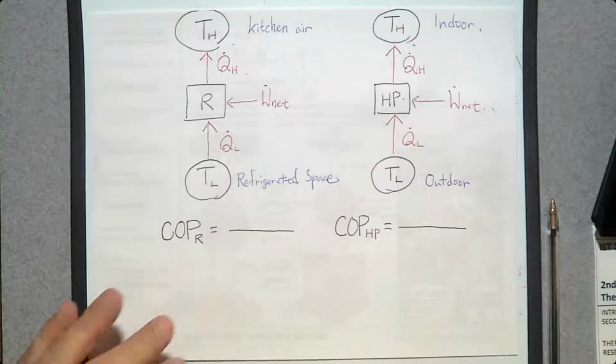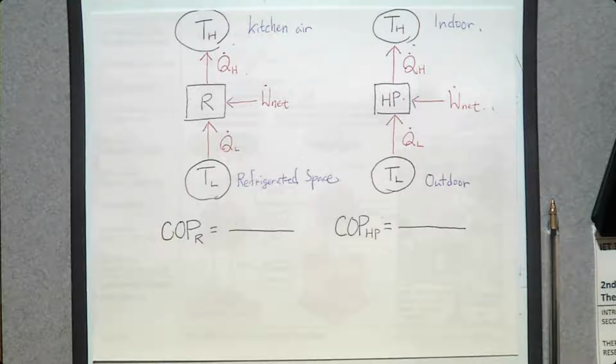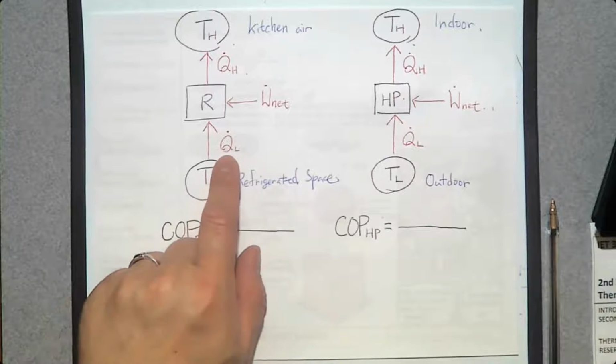Then, what is the desired output for this refrigeration cycle? Why do you have a refrigerator in your house? To heat the kitchen air or to waste your electricity? No, we want to cool the refrigerated space. So this is our desired output.